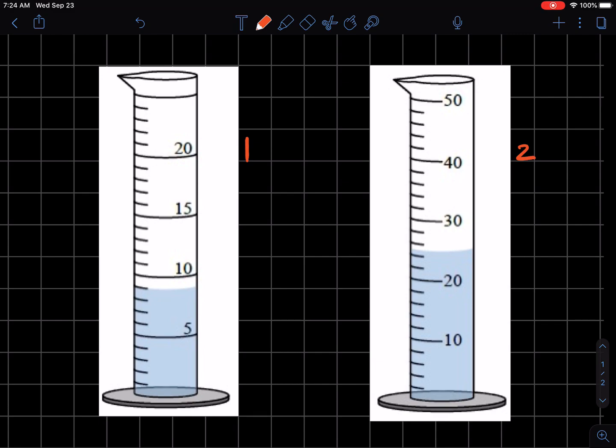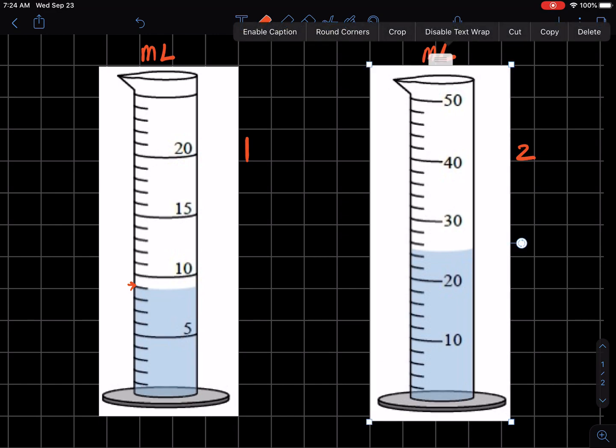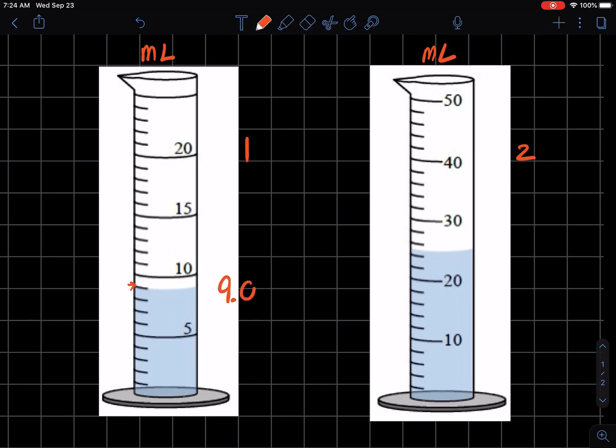The one on the left here, remember, in both of these, the unit will be milliliters. The one on the left stops right on this line here. Because it's dead on that line, the final answer is going to be 9.0 milliliters. The reason it's 9.0 is, what's in between 9 and 10?